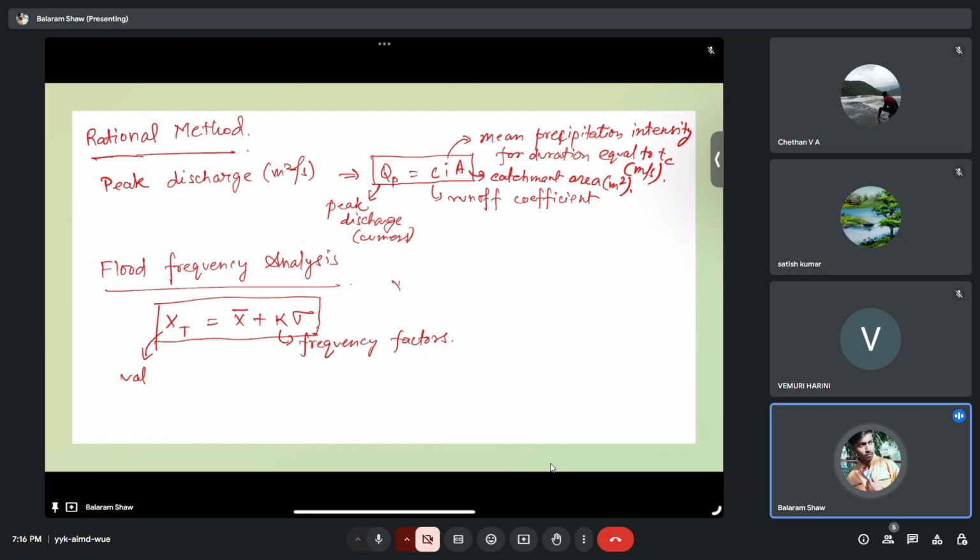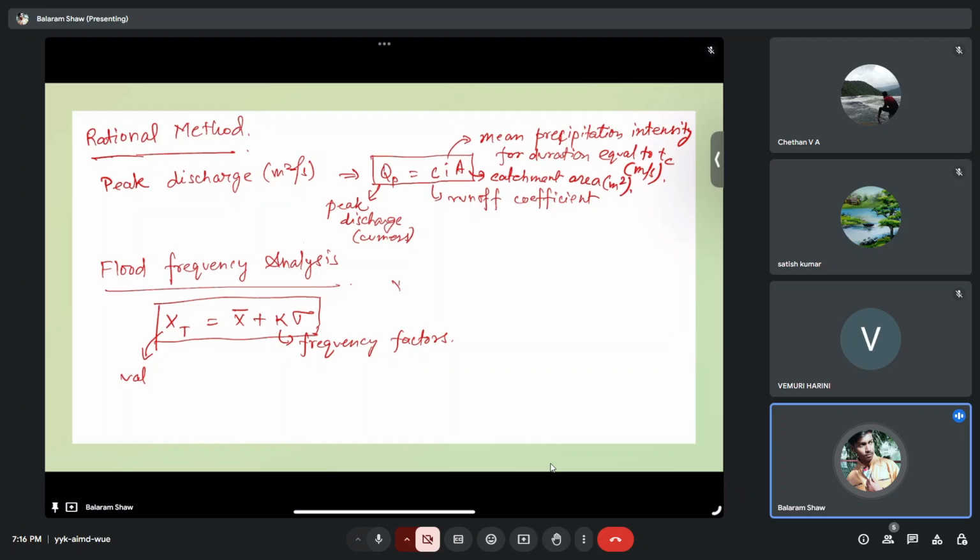In the normal distribution, what are the parameters?